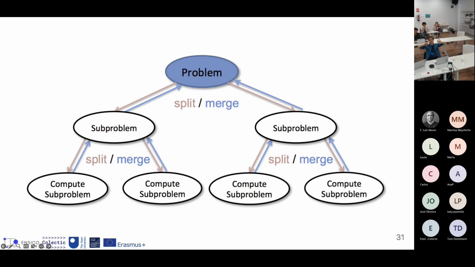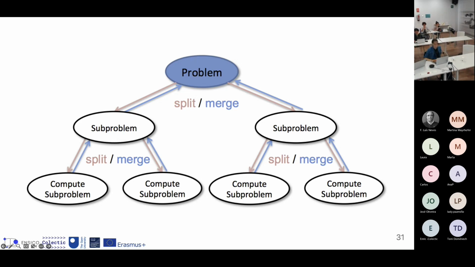And then after we do all this splitting, we are going to merge or combine the results of these sub-problems successively until we reach the bigger problem. So first we go down decomposing, splitting, and then we go up merging and combining the results that we will obtain.